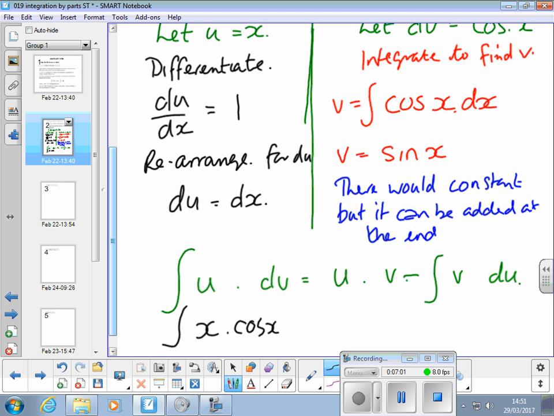So that's the integral that we're looking for, and that is equal to u, which was x in the first place, times v, which is sine x, minus the integral of v, sine x, du.